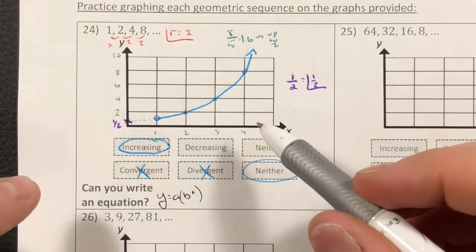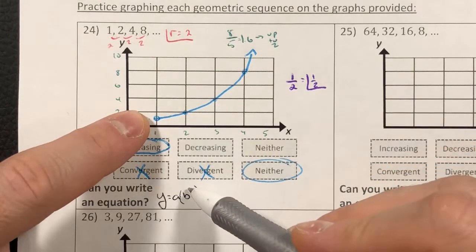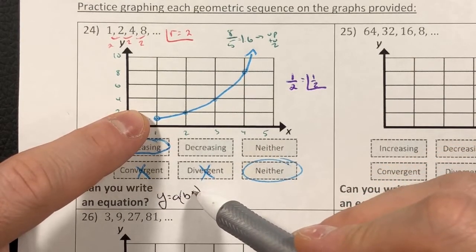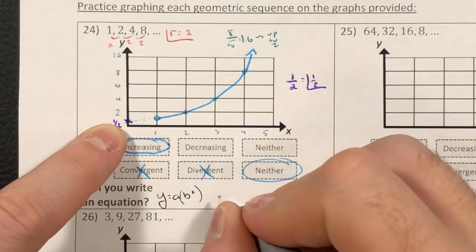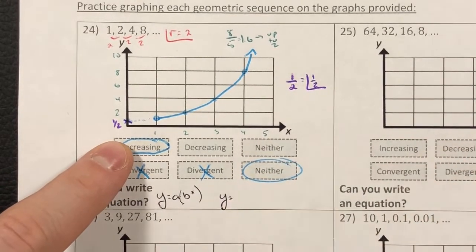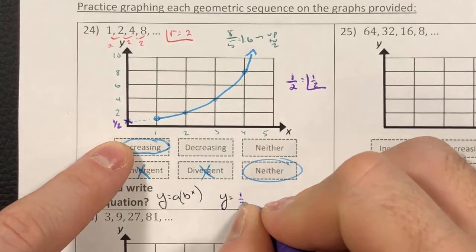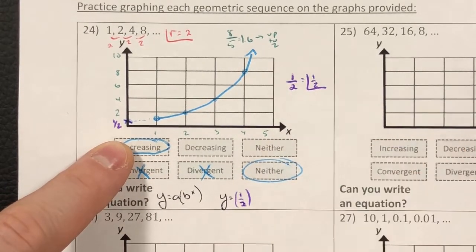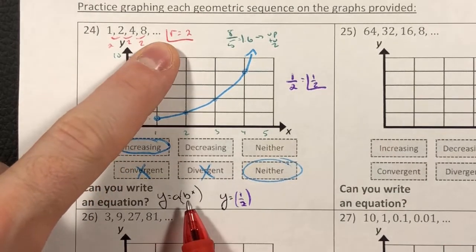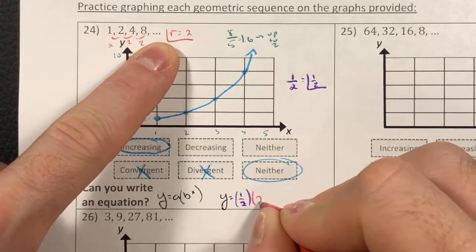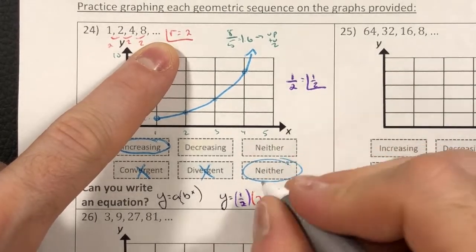So if x is equal to 1, I want to use that starting value as a. So this is going to be y equals 1/2 times b, which is going to be my rate right here, which is times 2, raised to the x power.